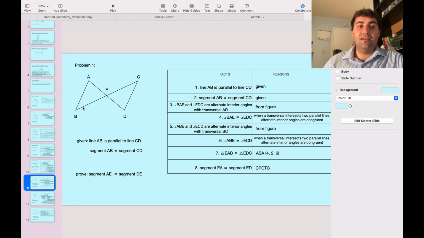So they're both interior angles, and they're congruent since the lines are parallel.